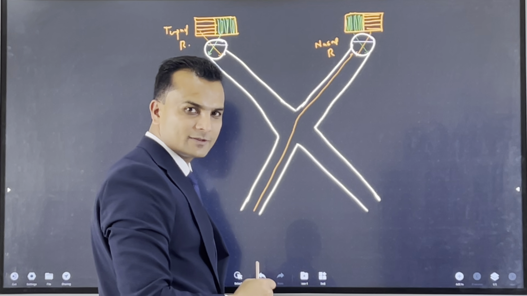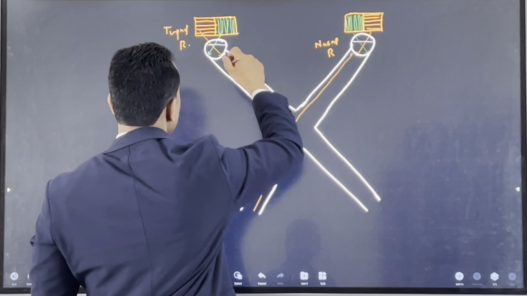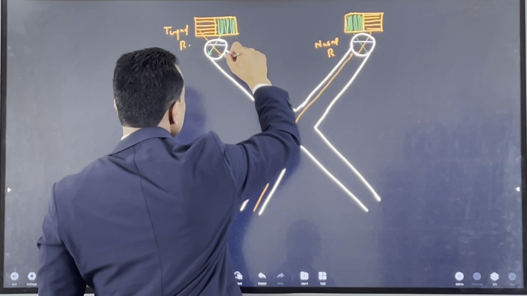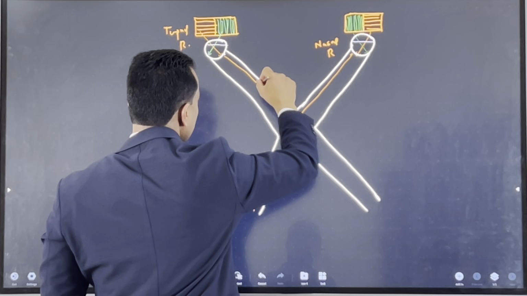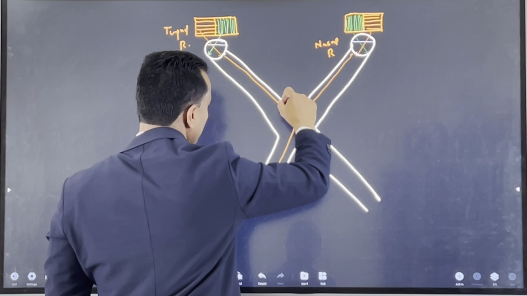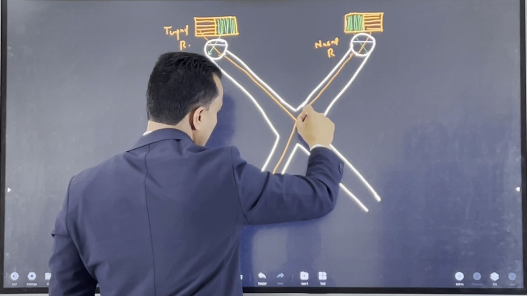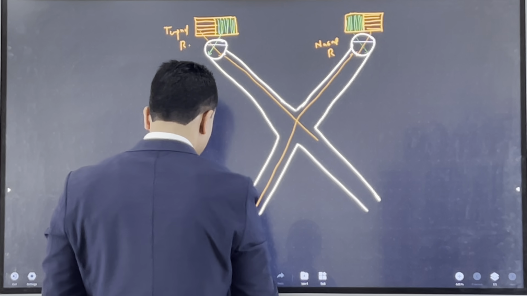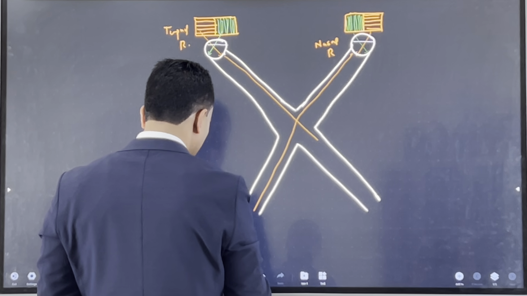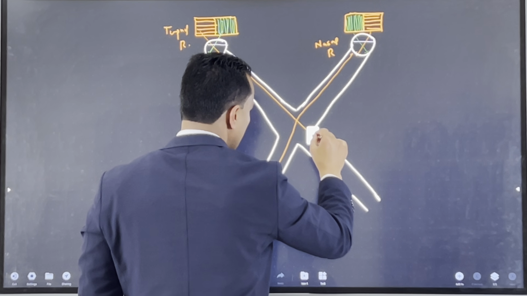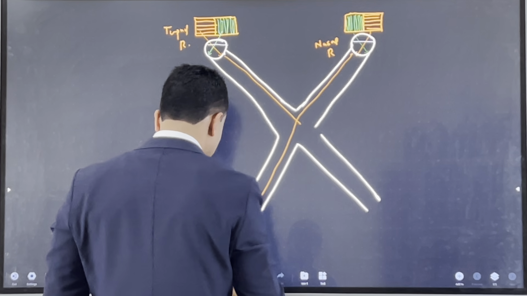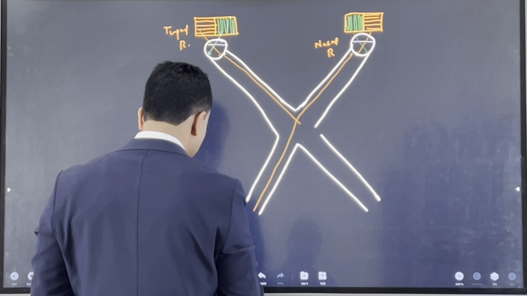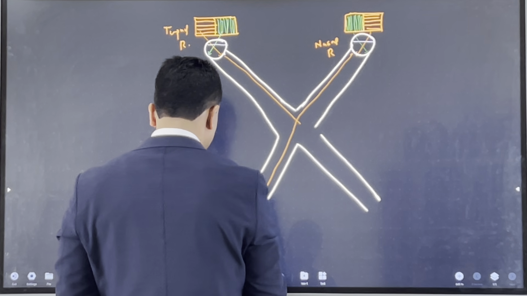Same from the left side also. These fibers run in the optic nerve and cross at this part, which is called the optic chiasma, and from the optic chiasma it crosses and passes into the optic tract on the opposite side.